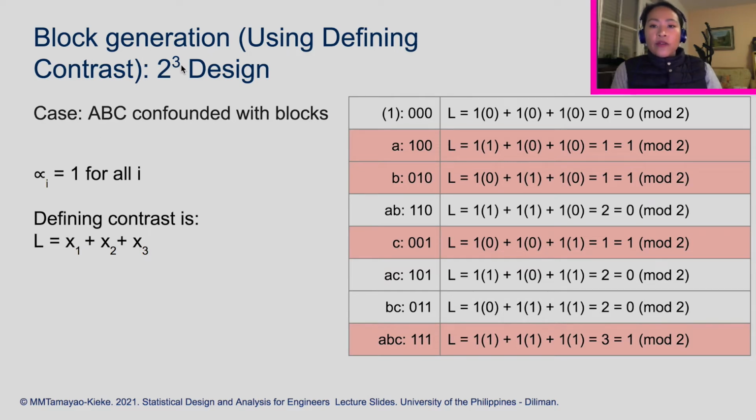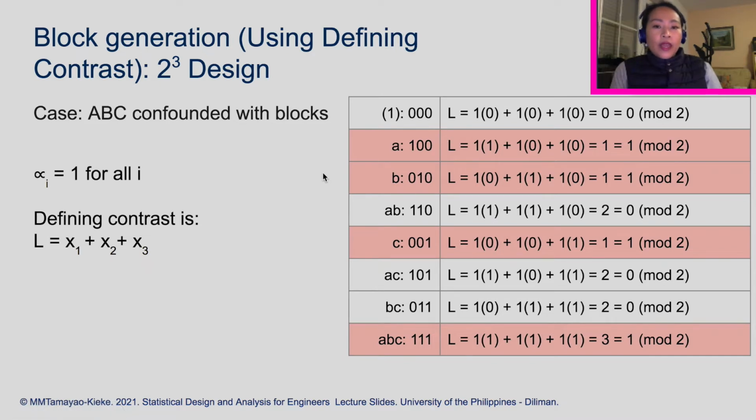So for the 2 to the 3 factorial design, it would be the ABC interaction that would be confounded with the blocks. Therefore, since we have all the factors, alpha i would be equal to 1 for all i, and the defining contrast would be x1 plus x2 plus x3.